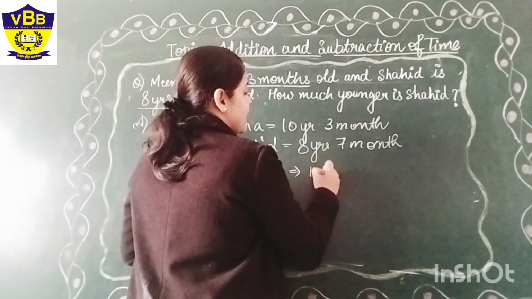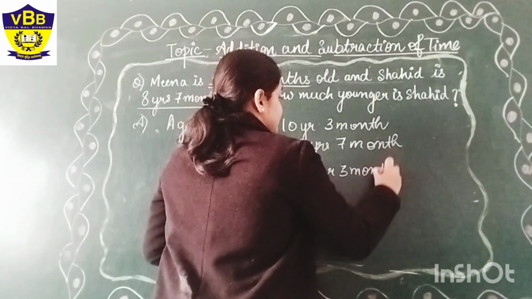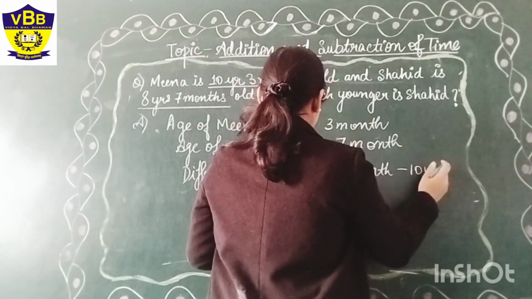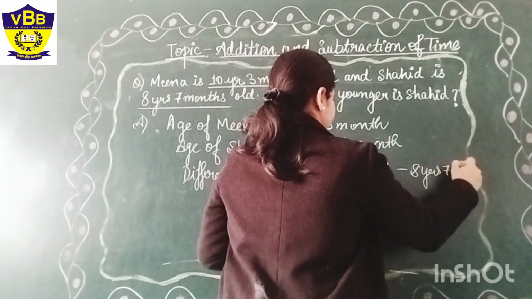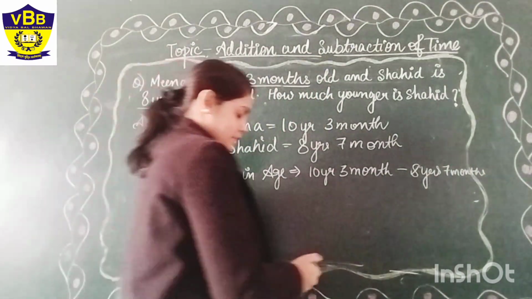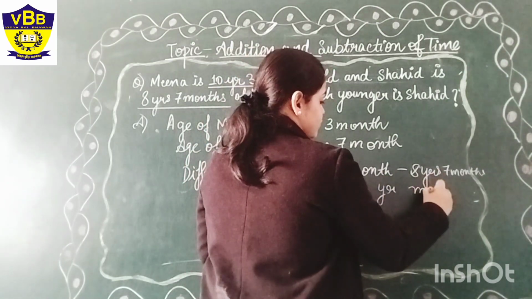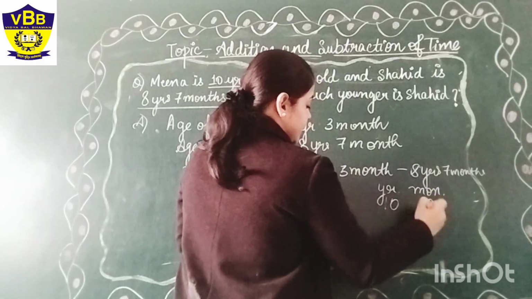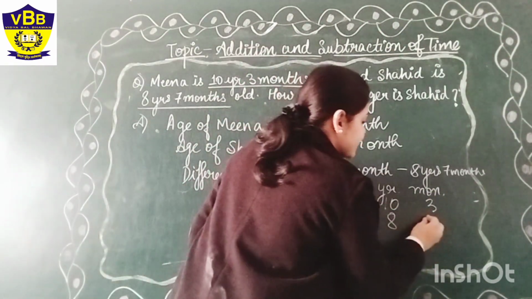We will subtract Shahid's age from Meena's age, that is 10 years 3 months minus 8 years 7 months. How to subtract that? We have already seen. We will do the similar thing here. What will we do here? Make separate columns. Very good. 10, 3 and 8 and 7.